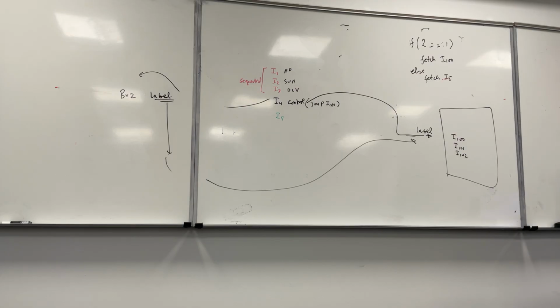Jump to target. And what is now the target here in this example? I100. Now I'm just generalizing. If the branch condition is true, we should jump to the target address. I'll explain this with an example.